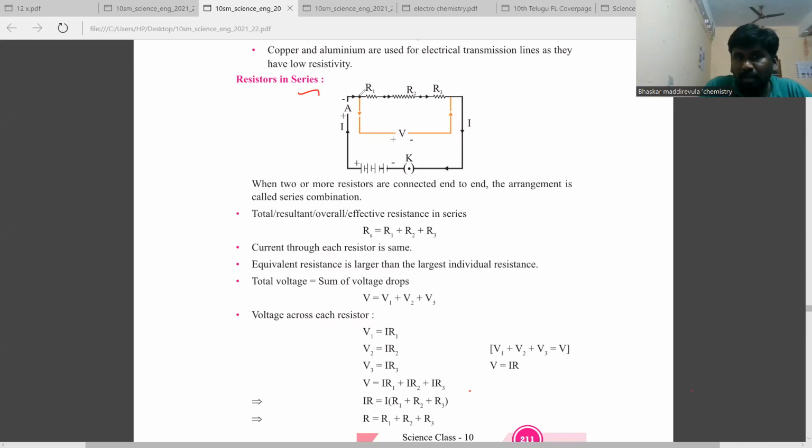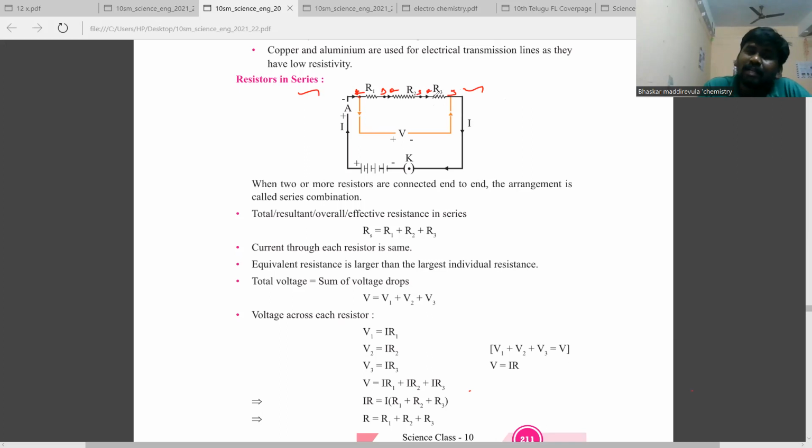Every resistor has two terminals, terminal A and terminal B. So resistor 1 has terminal A and terminal B, resistor 2 has terminal A and terminal B, and resistor 3 has terminal A and terminal B. Now, if you connect terminal B of one resistor to terminal A of the other resistor and so on, then that connection we call a series connection.